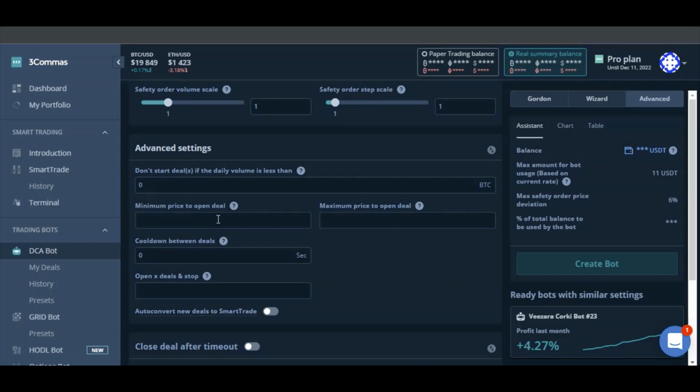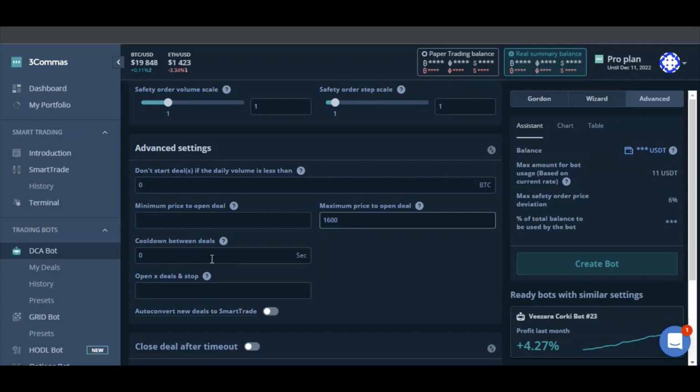And the minimum price to open deal, and then this is the maximum price. You can put this one, for example, if you put 1,600, that means if the price goes higher than 1,600, this bot will stop working, it will stop buying, right?